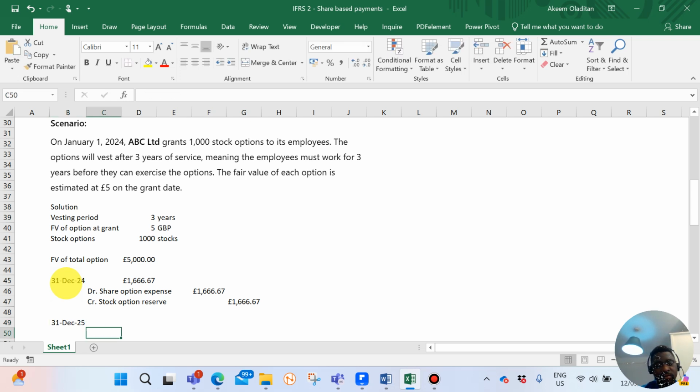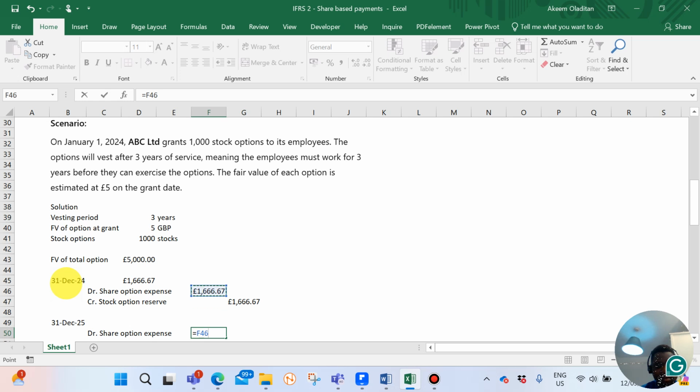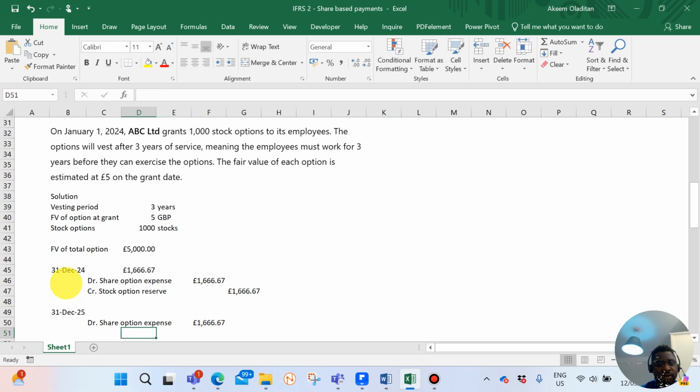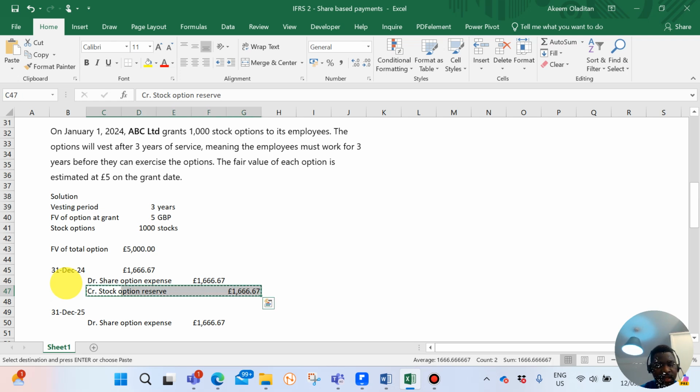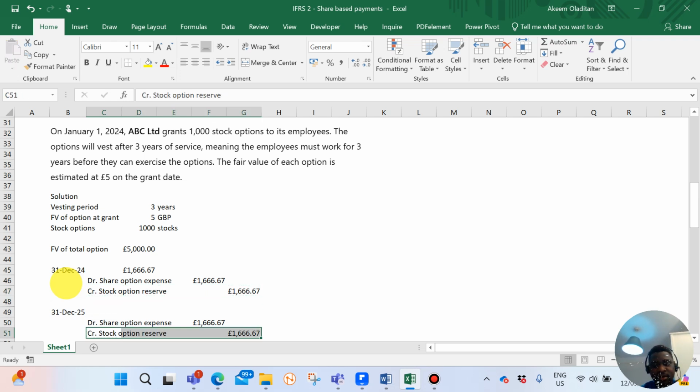Do the same: debit share option expense of that amount, again the same amount, and the credit will be the same. So what happened is that the amount in the share option reserve will continue to grow.